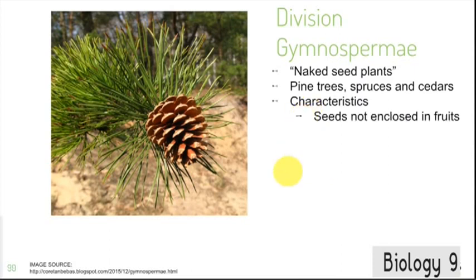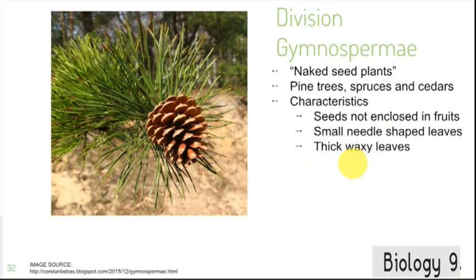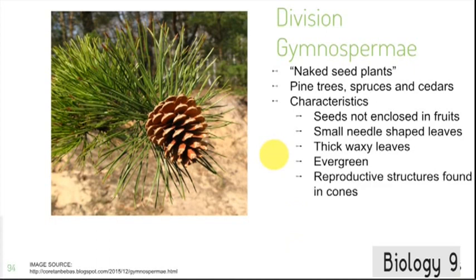They've got these characteristics we mentioned before. The seeds are not enclosed in fruits, and they have small needle-shaped leaves, thick waxy leaves for reducing the amount of water that's lost, evergreen, so they're constantly growing the leaves, and the reproductive structures are found in these cones.